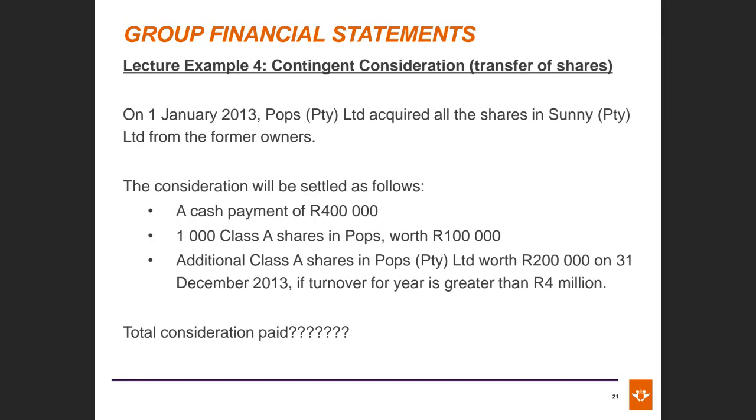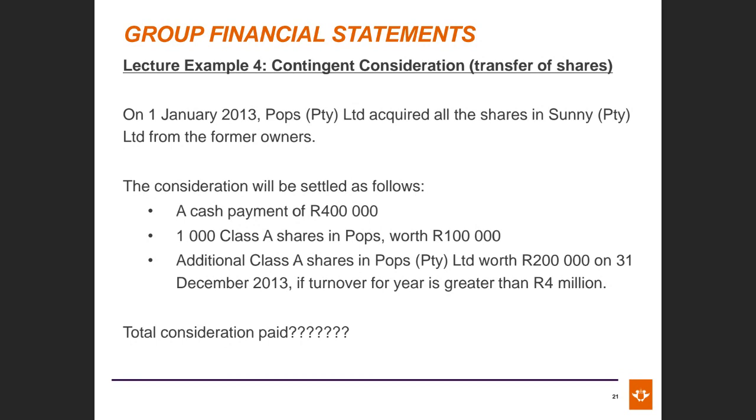So now you need to compare this to the previous example. In the previous example, there was a fixed number of shares that were going to be transferred. Here, they are not specifying the number of shares, but they are saying shares to the value of 200,000. So here, this is not based on a fixed number of shares. It is based on the value of 200,000 Rand.